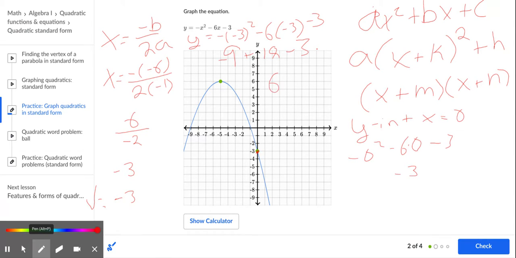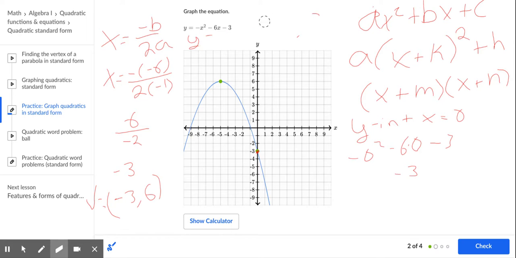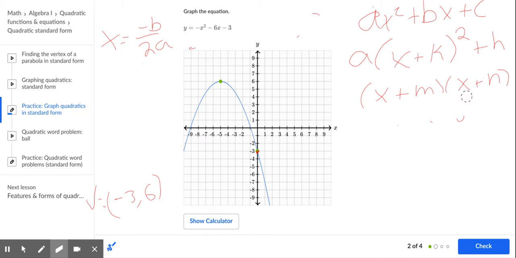So the point of the vertex is going to be at -3, 6. So that is where my vertex is. And I'm just going to erase this so that we can see what's going on, and erase these so that I have more room to write.